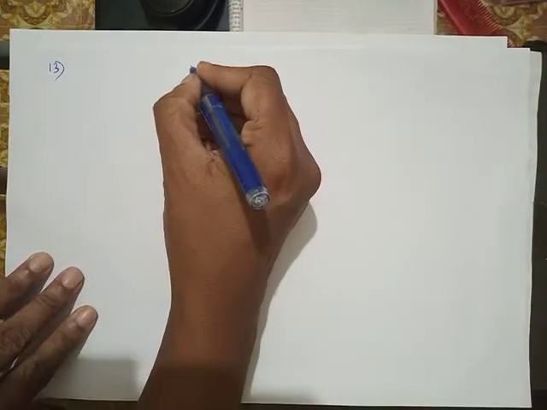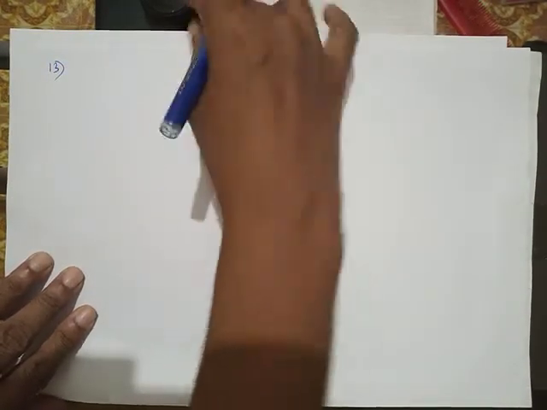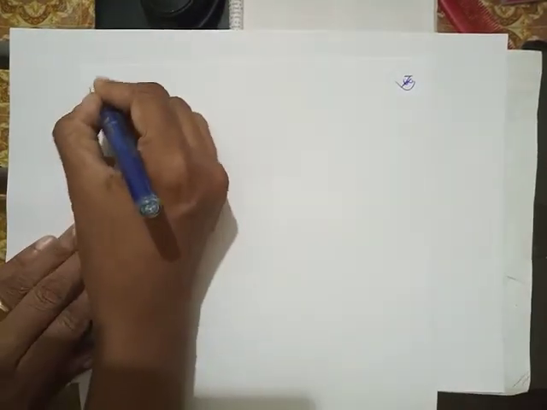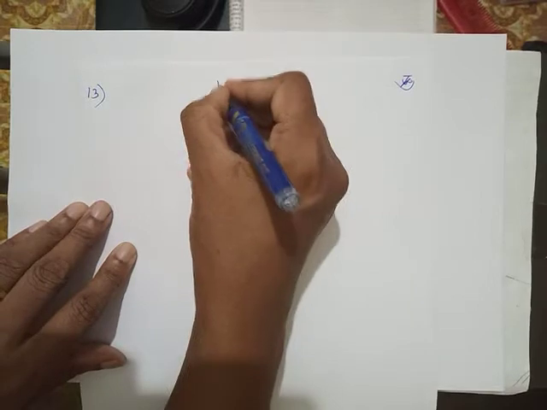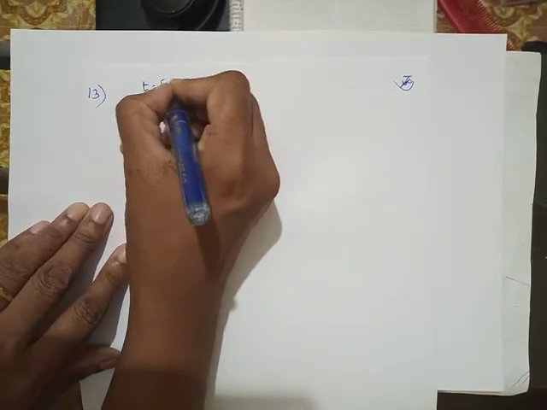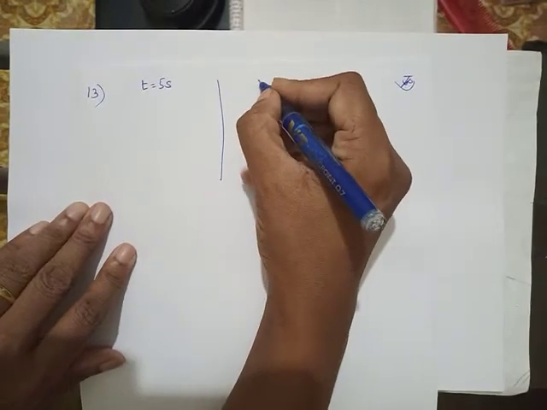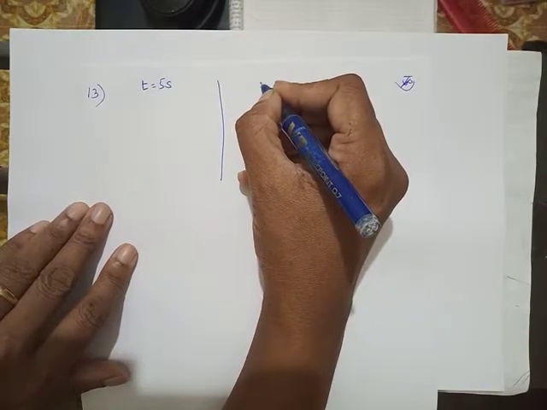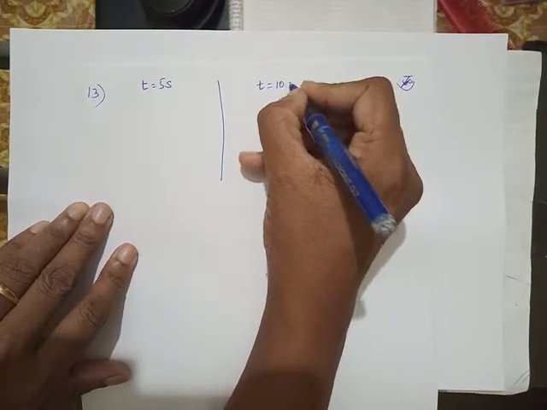In your solution, you just make it into two columns: this is for the first 5 seconds, and this is for the next 10 seconds.